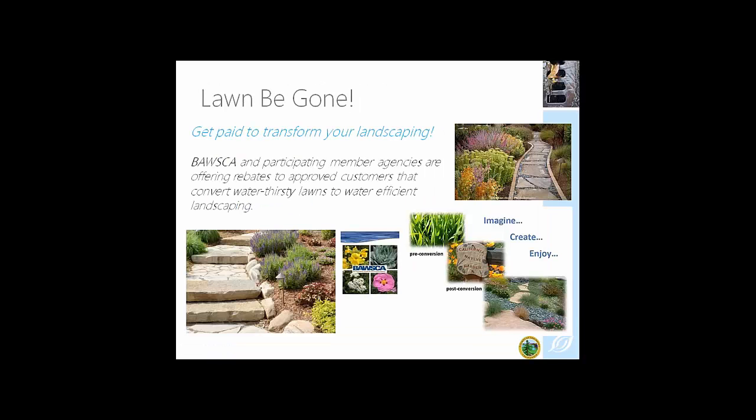On the next slide, I believe, is our Lawn Be Gone program. This is very popular. You can transform your lawn, only your lawn, into drought-resistant landscape. That might seem like a daunting task, but fortunately, Bosca also provides a list of drought-resistant plants, whether that's shrubs, grass, or trees.